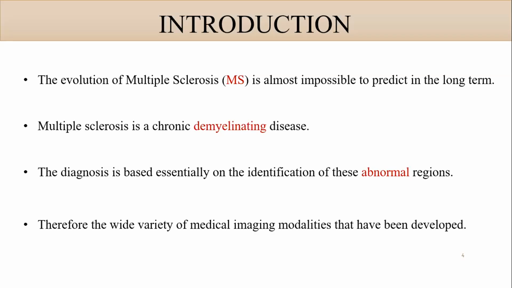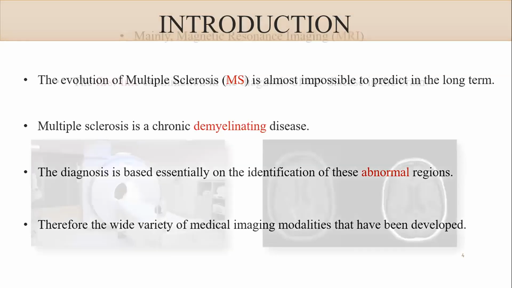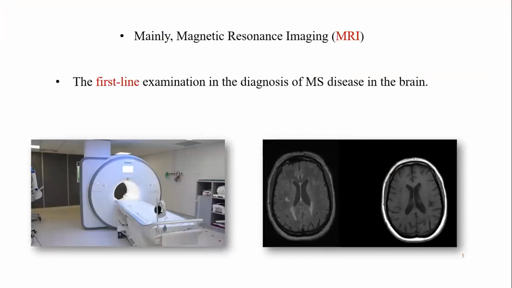The evolution of multiple sclerosis, called MS disease, is almost impossible to predict in the long term. Multiple sclerosis is a chronic inflammatory disease. The diagnosis is based essentially on the identification of abnormal regions. Therefore, a wide variety of medical imaging modalities have been developed, mainly magnetic resonance imaging, called MRI, which is the first-line examination for MS disease diagnosis in the brain.